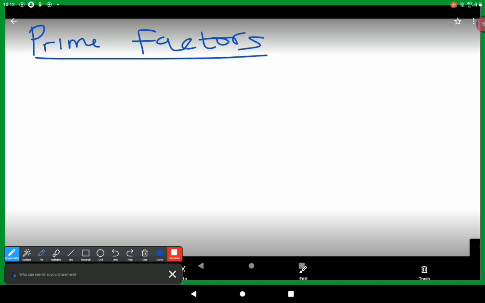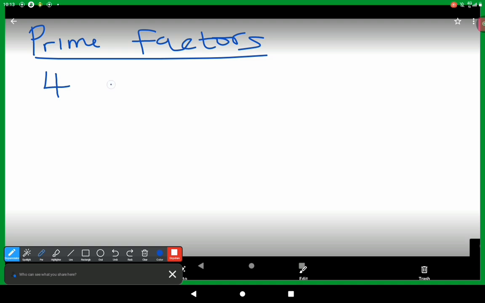Now, what do we call prime factors? Or what do we call a factor? A factor is a number that can divide another number without a remainder. Let me repeat that. A factor is a number that can divide another number without a remainder. If I ask, what are the factors of 4?